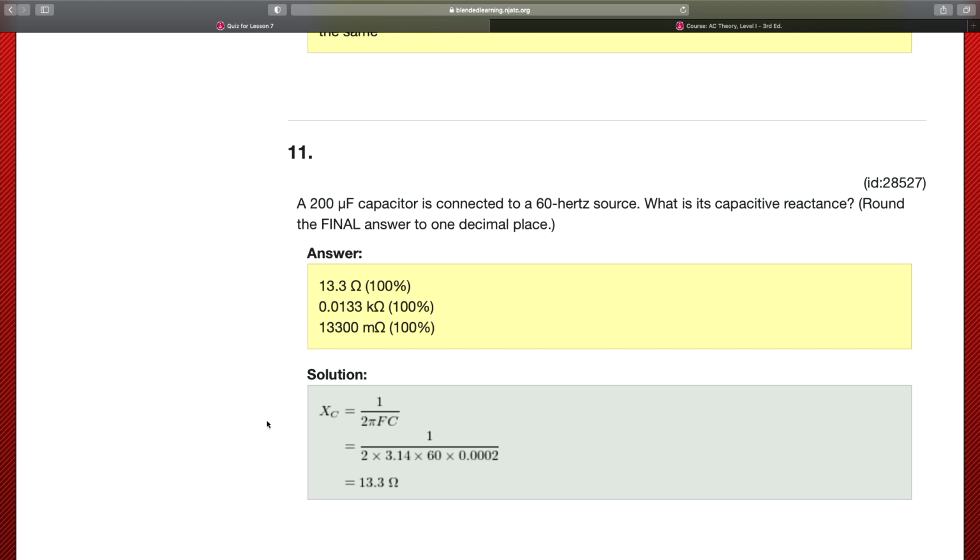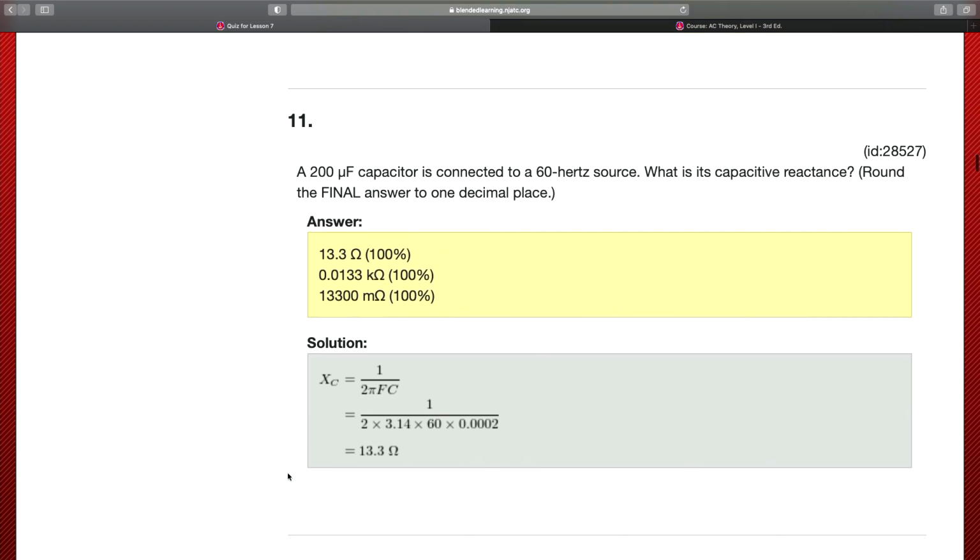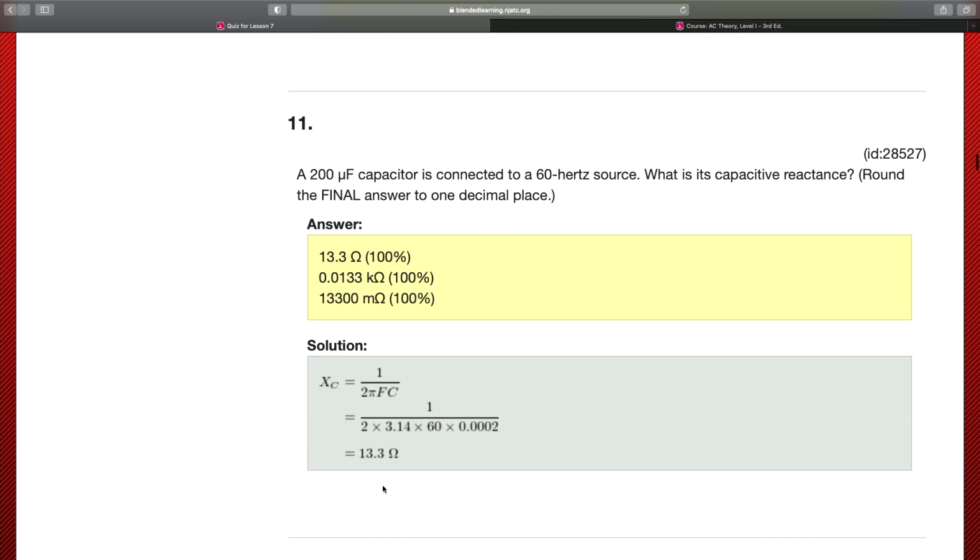Now, I've got the answer key up here because what I wanted to show you guys is two different ways to factor this. Now, they give one way here, and it is using 0.0002 for a 200 microfarad capacitor.